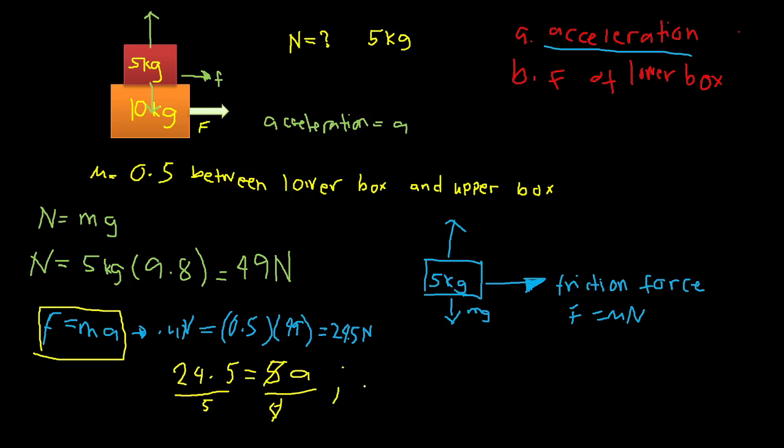So, A is equal to 24.5 over 5. So, 24.5 divided by 5 ay ilan? 4.9. Okay, 4.9 meter per second square.